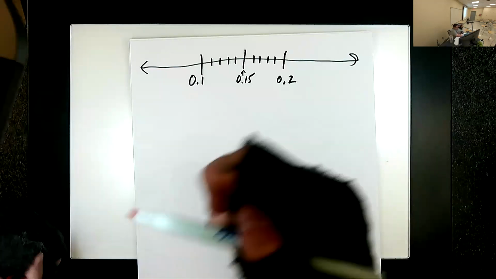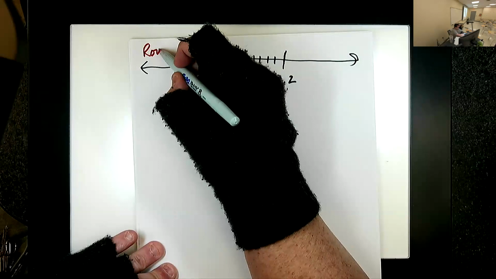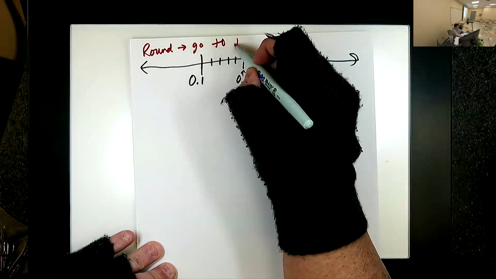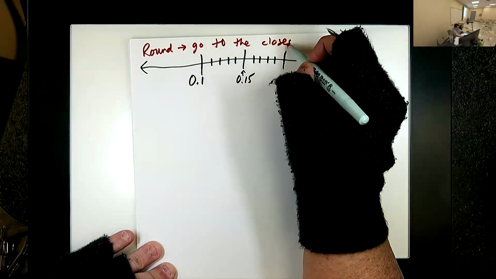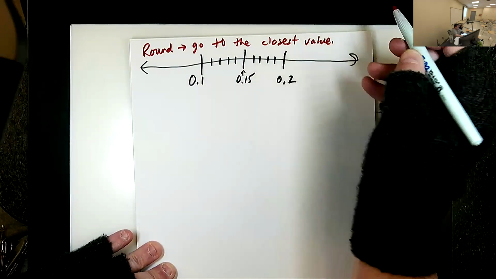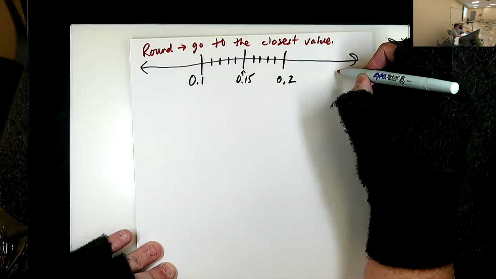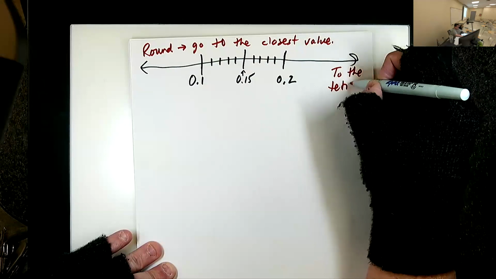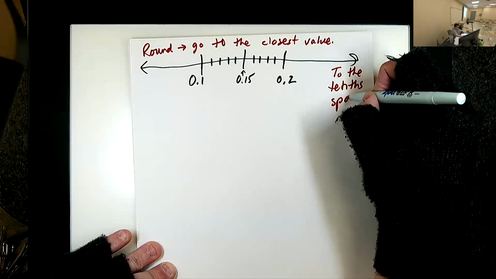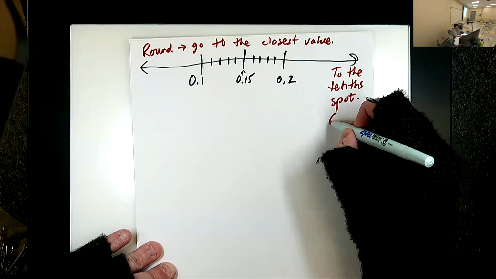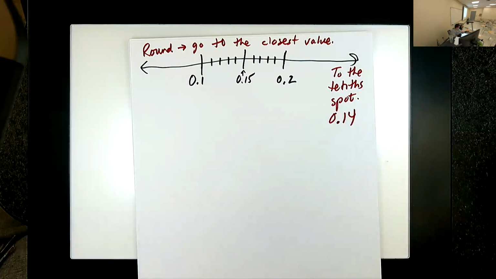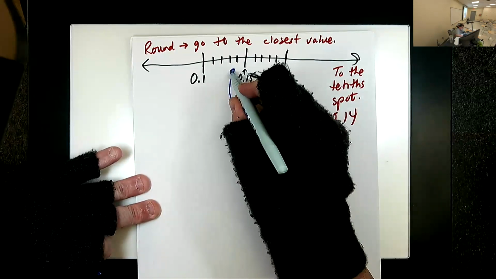And the idea of rounding, like on a number line, is go to the closest value. So here I say I'm going to go to the tenths spot, and I have 0.14, which would be right here.